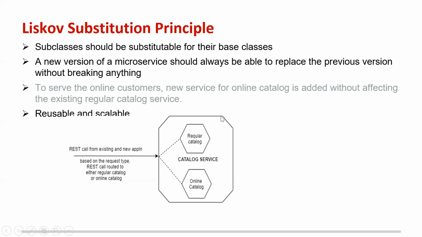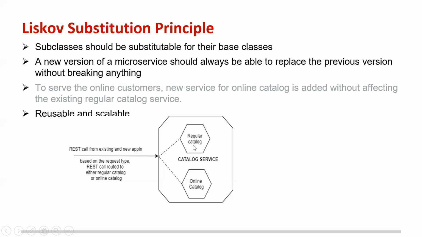So in this case, we are not disturbing the base class. Whenever the client would like to access the base class function, he can access it. If the client would like to access the derived class function, he can also access the derived class. This principle can be applied to microservice design as well. As we have the catalog service in our restaurant application, here we have the regular catalog, which displays all the menu items for the regular customers.